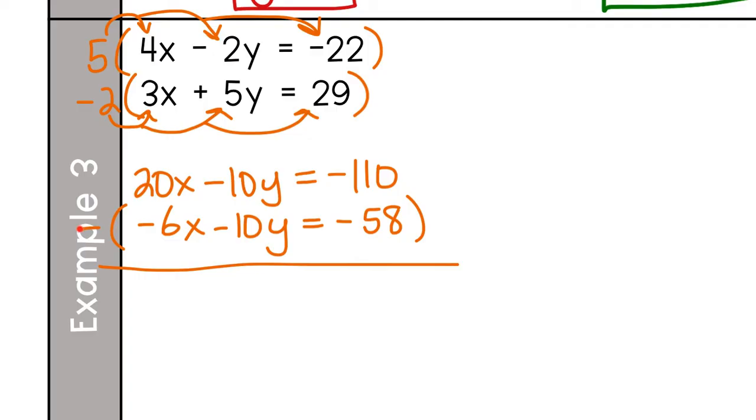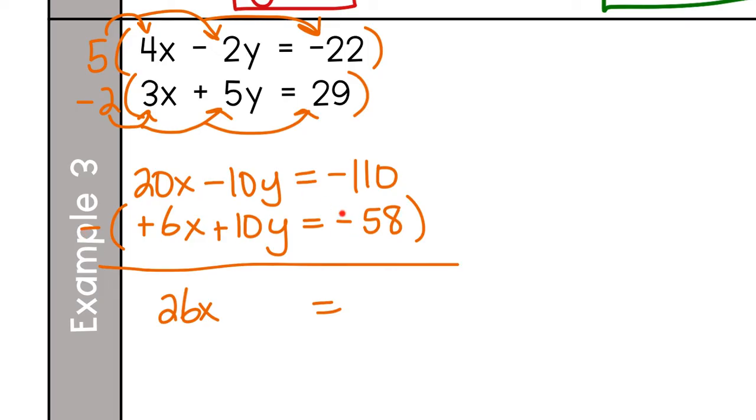So 20 minus negative 6. Remember that minus negative will turn this to a plus. So what is 20 plus 6? 26x. Then I have negative 10 minus negative 10. Minus negative turns to a plus. So negative 10 plus 10 just gives me 0, so I'm not going to write it. And then lastly, I have negative 110 minus negative 58.